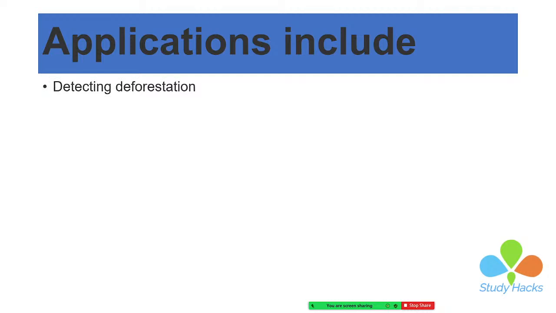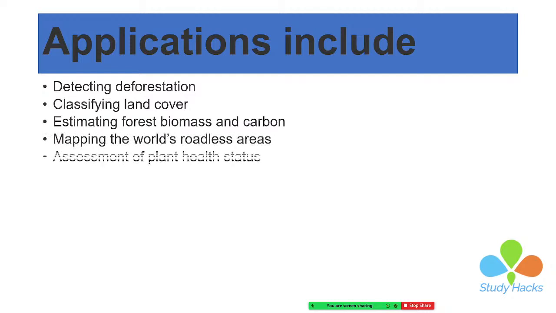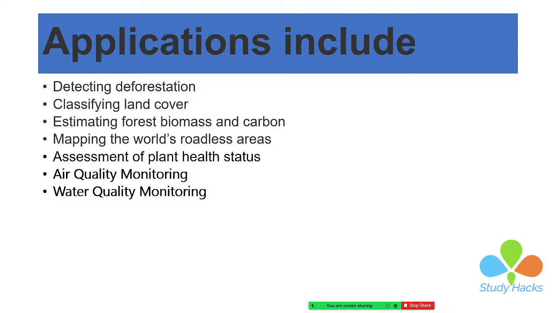Okay, so here I mention some applications. Mainly we can easily detect deforestation using this platform. We can also classify land cover and land use. We can also estimate forest biomass and carbon. We can also map the world's roadless areas. We can also assess plant health status. We can also do air quality monitoring. Then we can also use it for water quality monitoring.